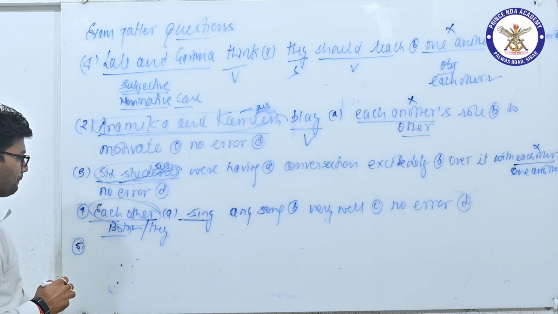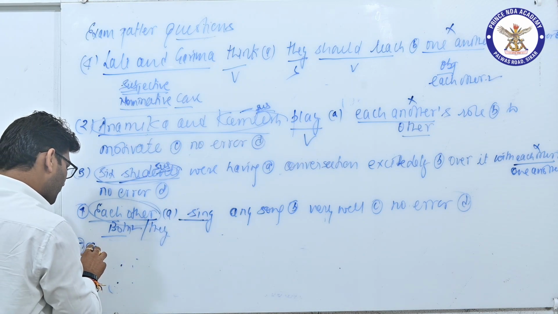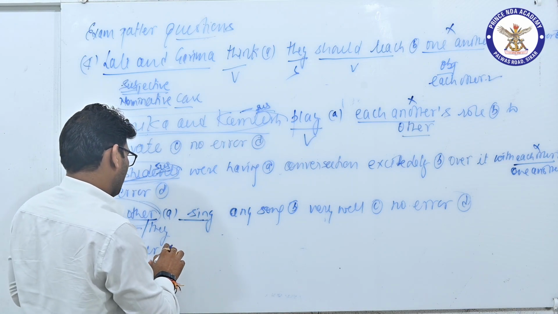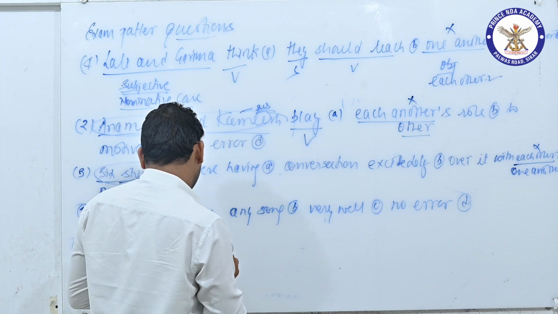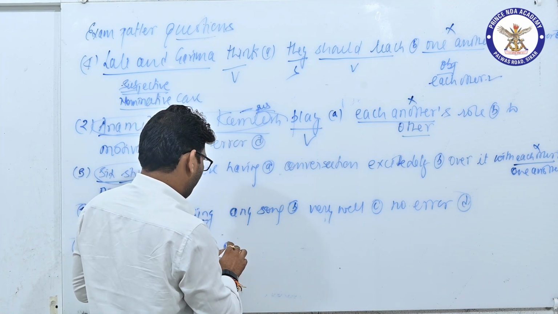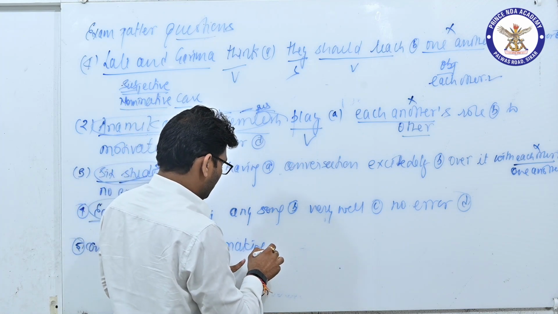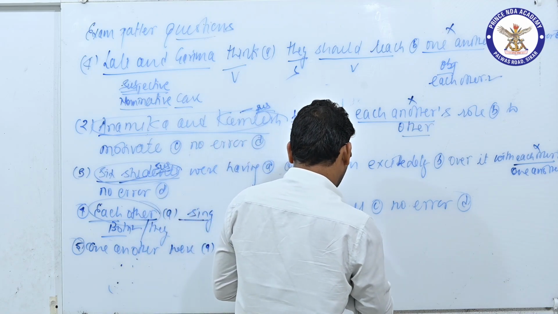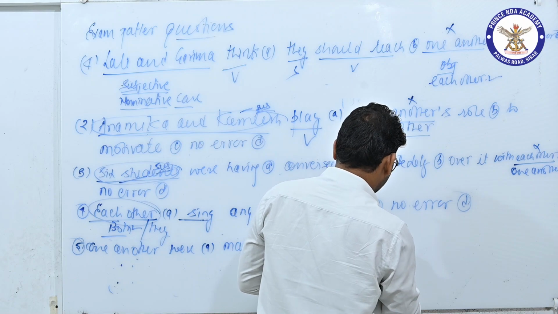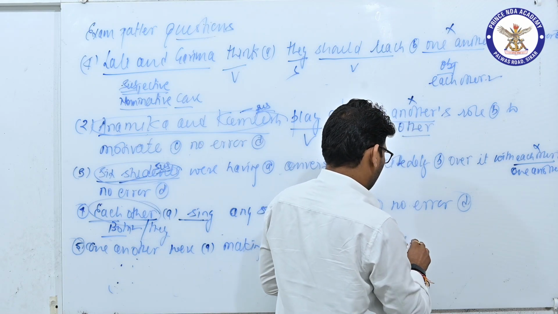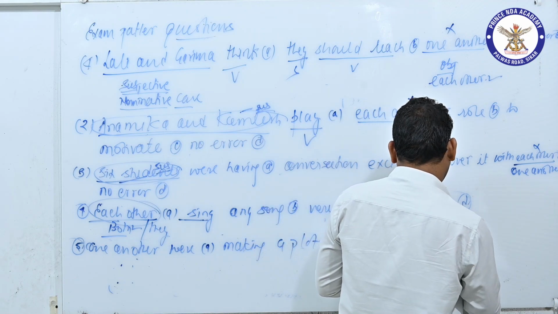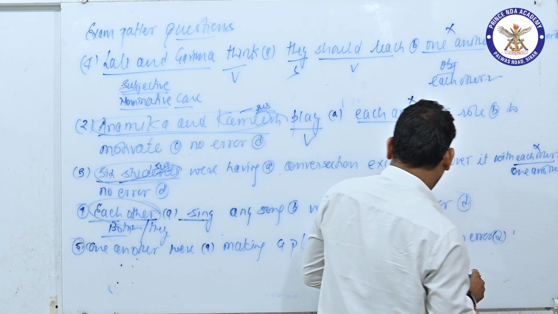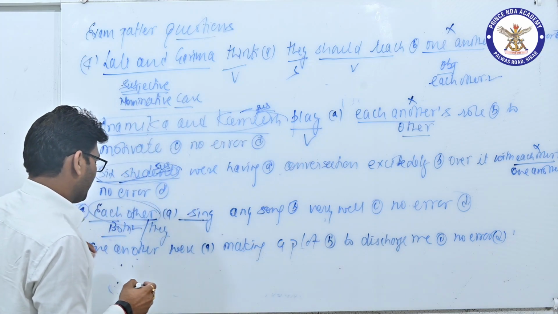Fifth number. One another were, option A, making a plot, option B, to discharge me, option C, no error, option D. So again we have to think.